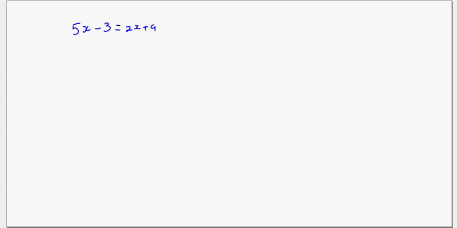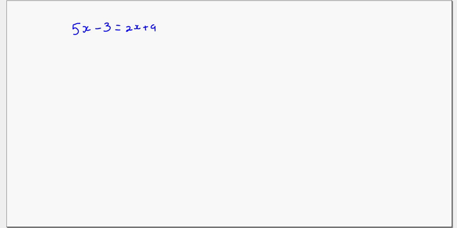The whole idea is to get x by itself on one side and everything else on the other. So the procedure would be, first of all, let us get all the x terms on the left-hand side and remove them from the right-hand side. Let's bear that in mind.